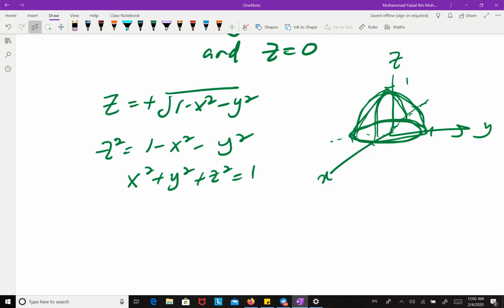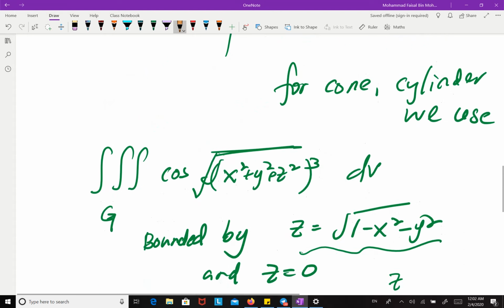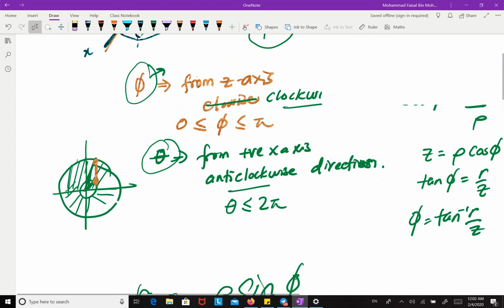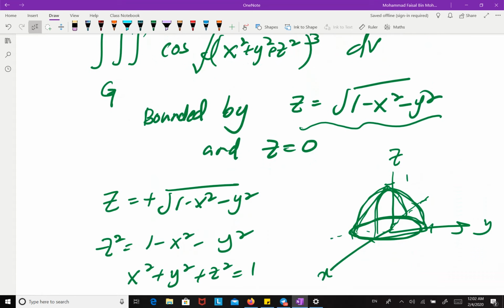Now we have to find the limits. Remember, you have three things: theta, phi, and rho. We have to find the three limits for spherical coordinates. Why?